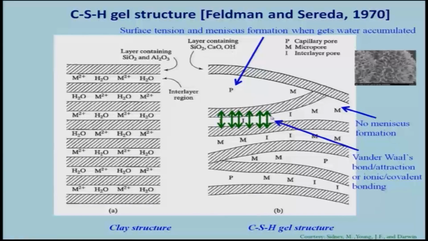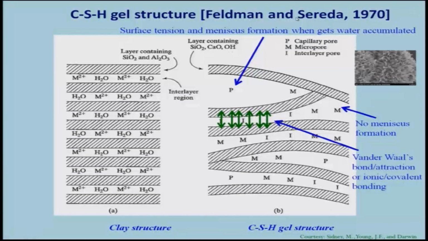In the case of interlayer, what you have is a van der Waals bond or attraction, or it could be ionic bond. Whereas in the case of micropore, you do not have any surface tension. So this primarily distinguishes a micropore from an interlayer, in addition to the size difference that we have.